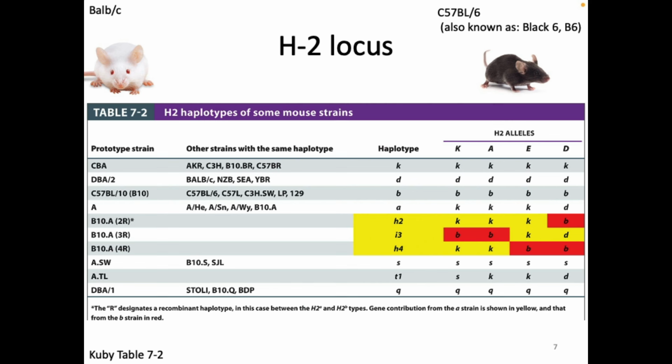I could cross them and have a progeny. What I would actually call that progeny is H2BD, like that. And that would tell me that I have this.